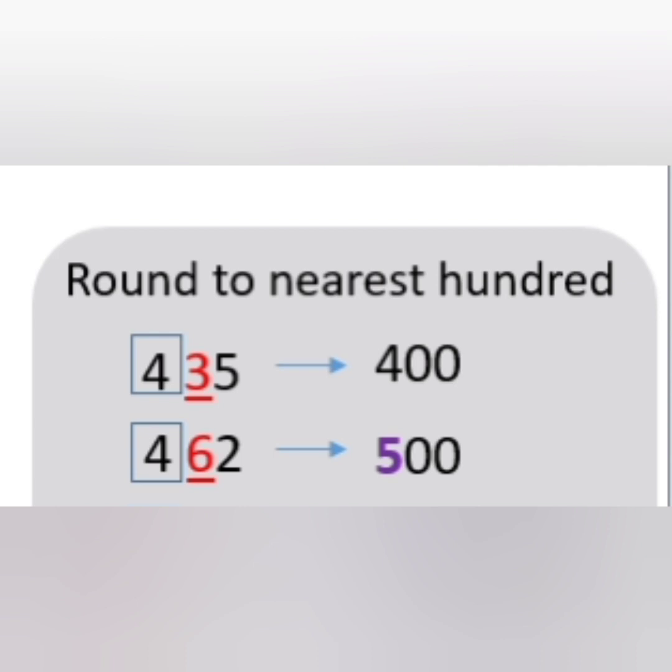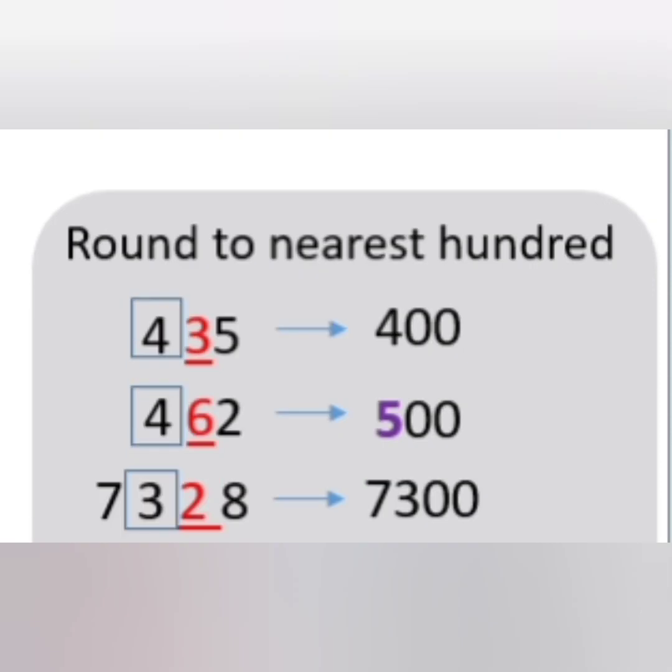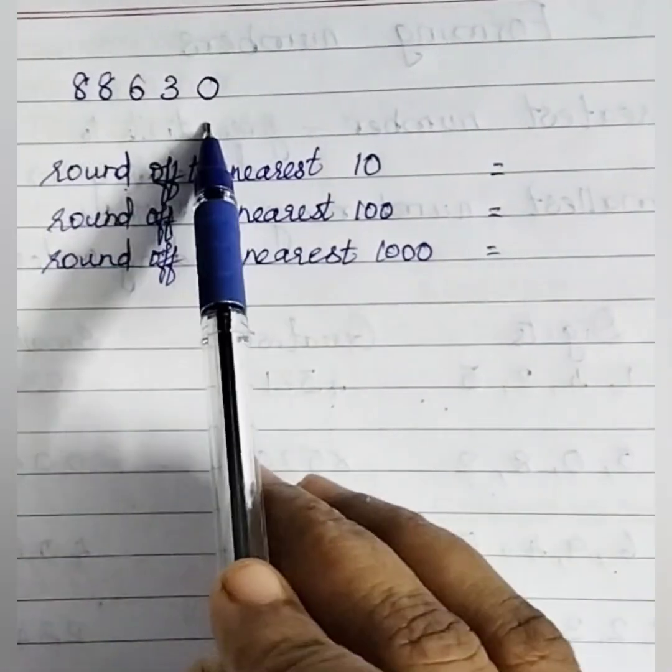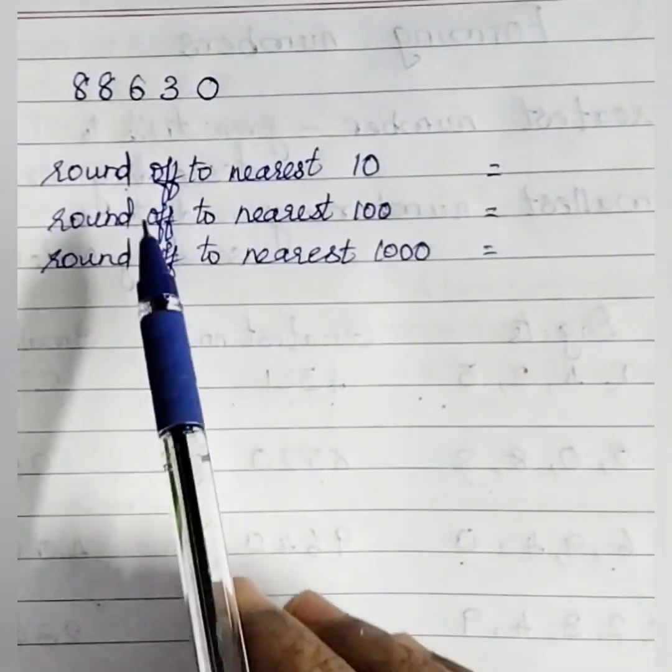So we are adding 1 to 4 and that becomes 5 and replacing 6 and 2 to 0, 0. Same way 7328. Here 2 is the weak number. So 2 and 8 are replaced by 0, 0. 7 and 3 remain the same. So 7300.